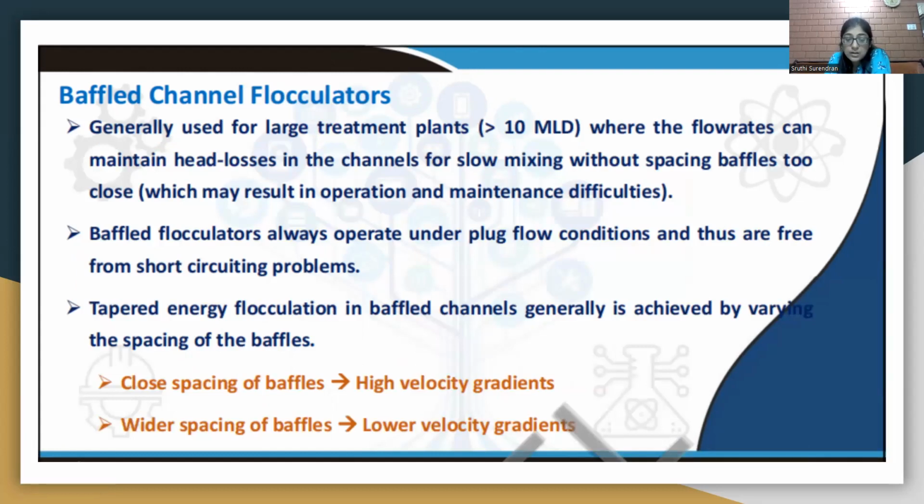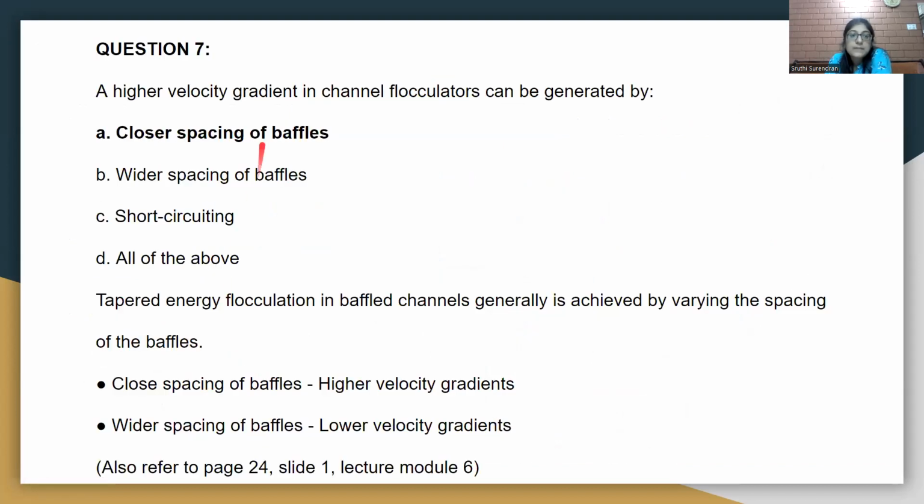So that is how we can change the velocity gradient of the water entering the flocculators, by changing the spacing of the baffles. So here the answer would be A: by closely spacing the baffles, we can obtain a high velocity gradient. If you keep the spacing wider, you will get a lower velocity gradient.